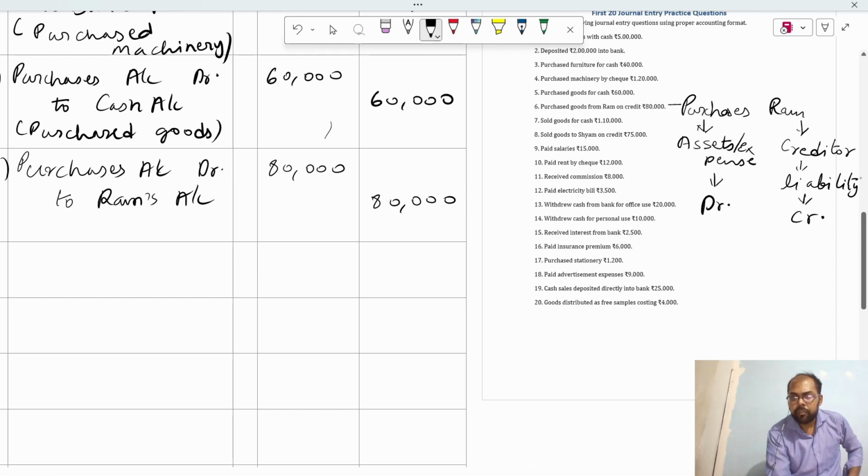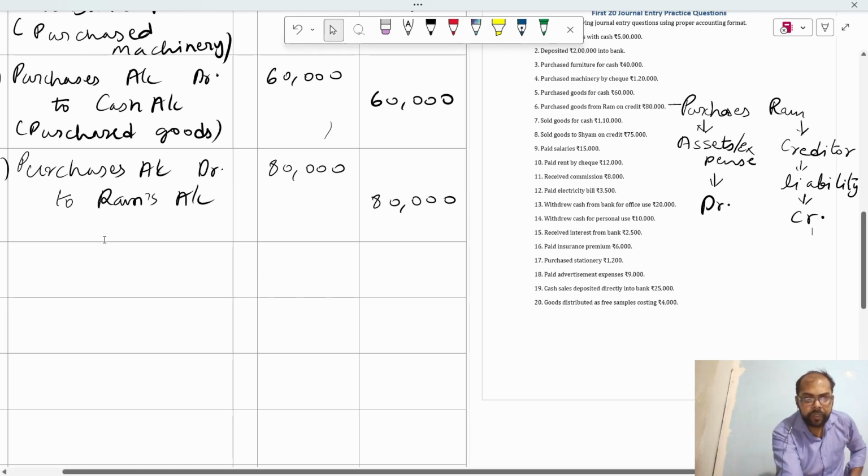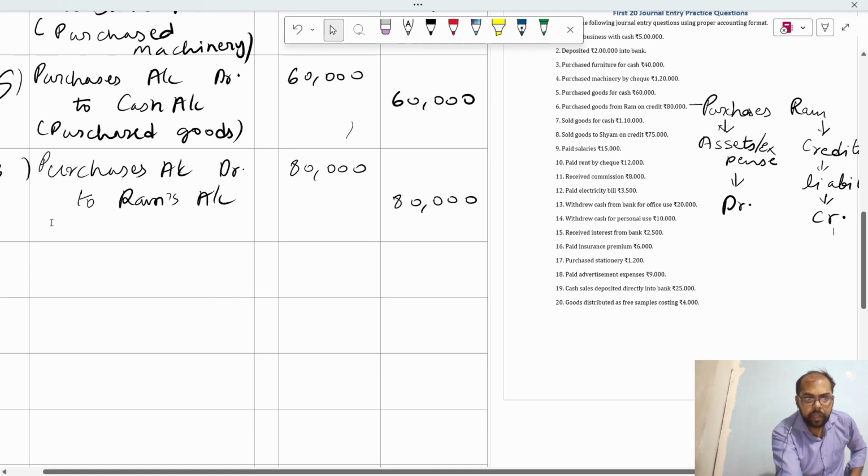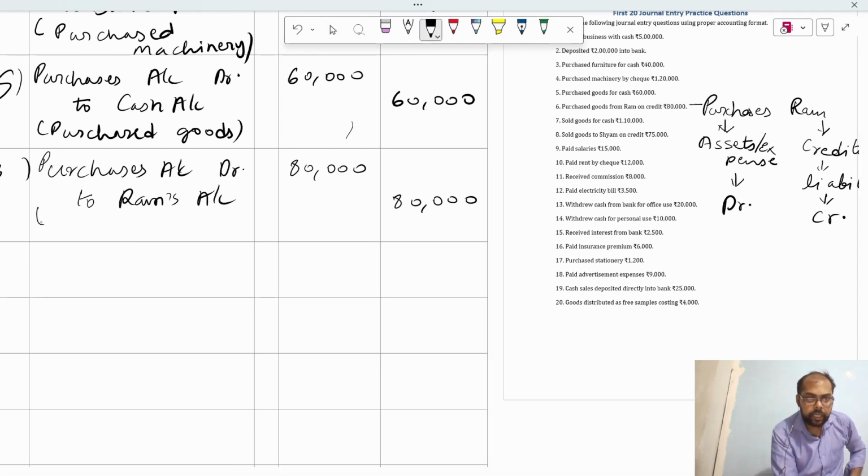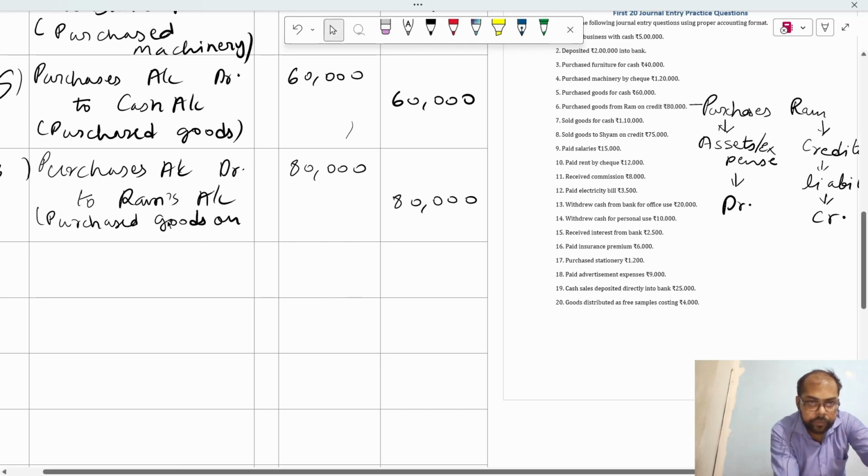Therefore it is credited. Liability is always credited. So that's what we have done here. We have credited Ram. Now, what should be the narration? Purchased goods on credit from Ram.